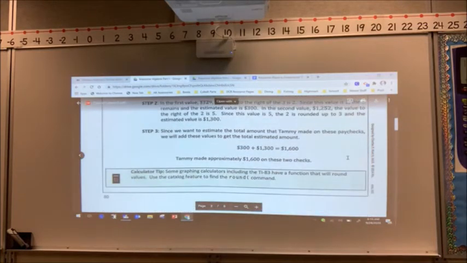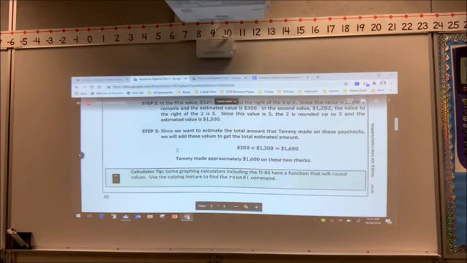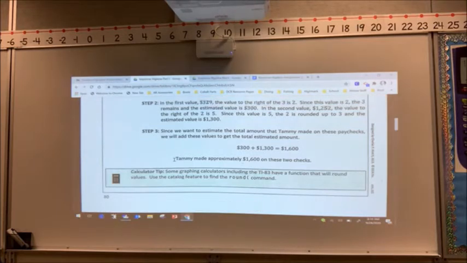Step 3, since we want to estimate the total amount that Tammy made on these 2 paychecks, we will add these values, because the word total means sum here. 300 plus 1,300 is $1,600. So to answer the question, Tammy made approximately $1,600 on these 2 checks.